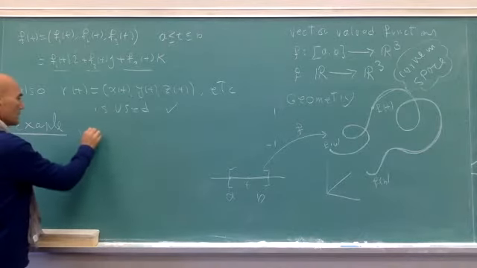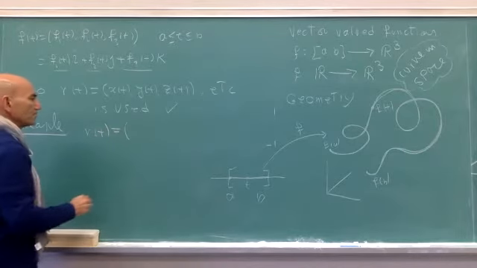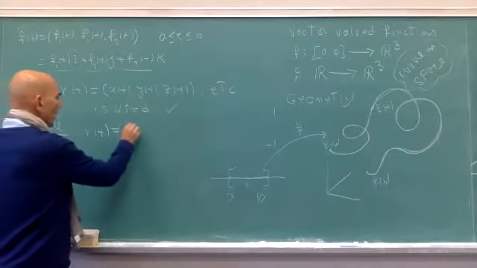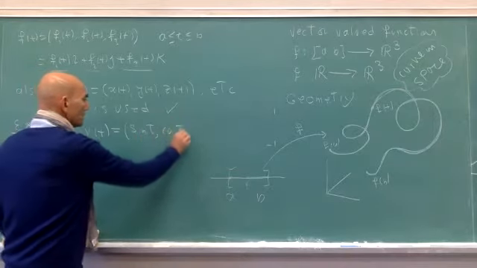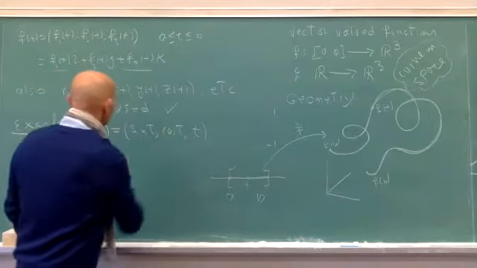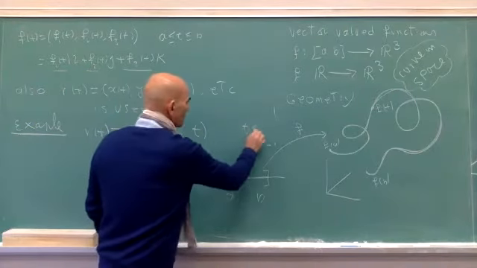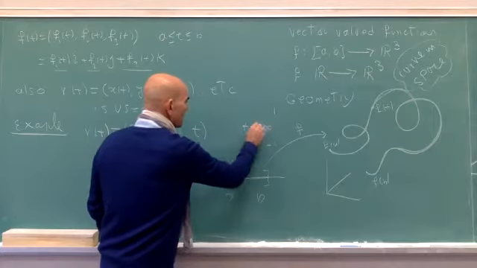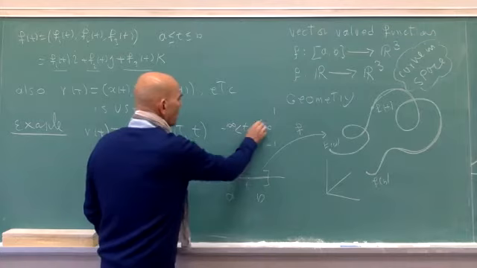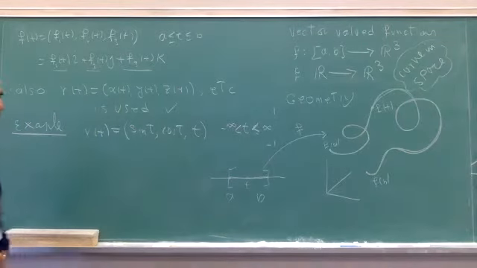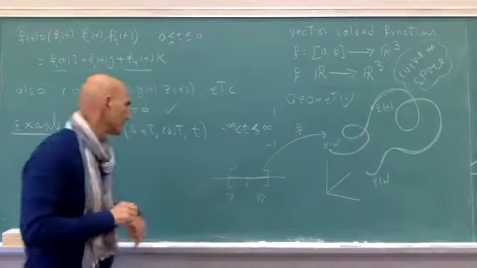Here is something like this: r of t equals sine t, cosine of t, and t. And I tell you the domain of this function is minus infinity to infinity. So the domain is everything. In other words, I haven't specified a finite part. I just say the domain is everything.